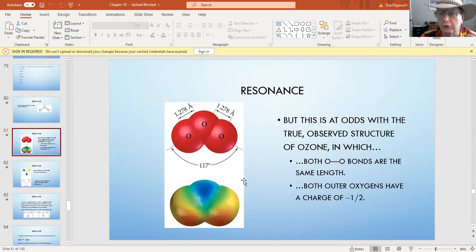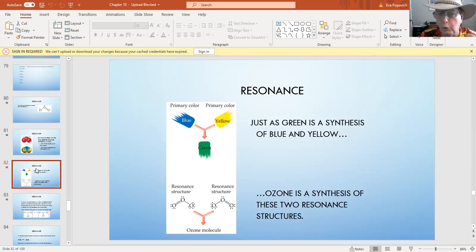If we look at the molecule, the bond lengths are the same. So this is further proof that this phenomenon is happening. What's really happening with resonance is you're getting a blending of all the electrons, much like if you took yellow and blue paint, shoved them together, and you get green. You're getting this flow of electrons throughout the entire molecule, which makes it much more stable.